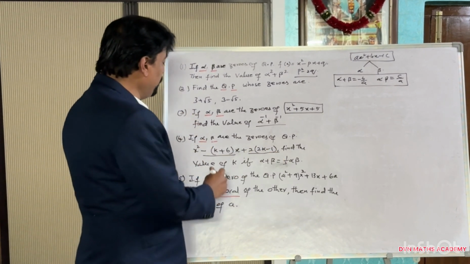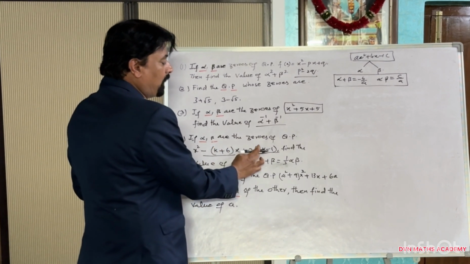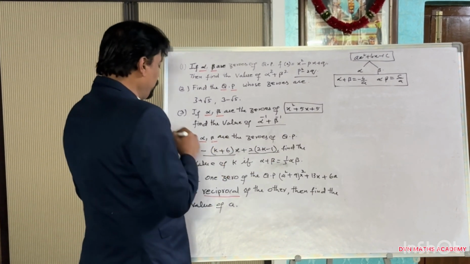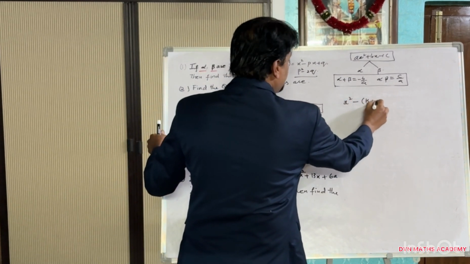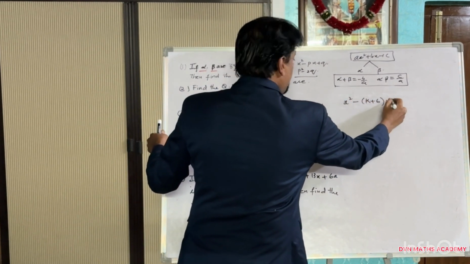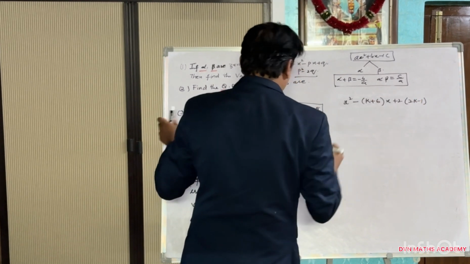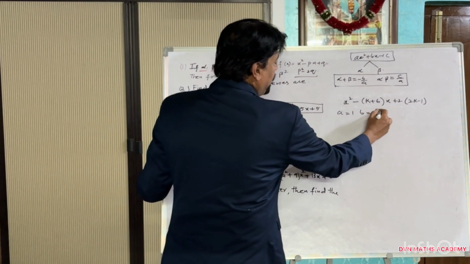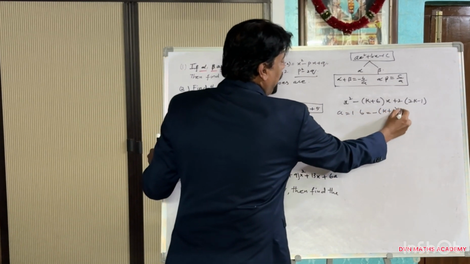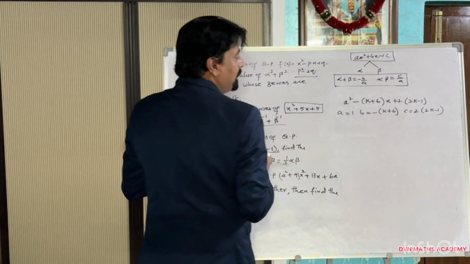So here b value is minus (k plus 6) and c value is 2 of (2k minus 1). This is my quadratic polynomial: x square minus (k plus 6) x plus 2 (2k minus 1). Here a is equal to 1, b is equal to minus (k plus 6), and c is equal to 2 (2k minus 1). First you identify these values.